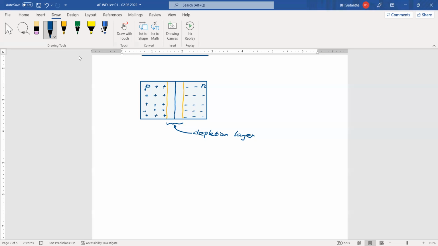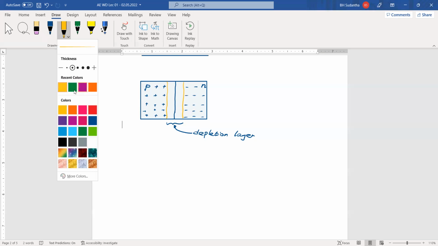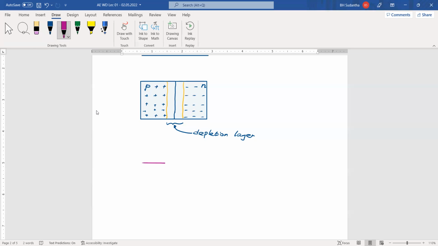That is the situation when we combine p-type and n-type semiconductor together. For this we can have a symbol like this, and this is the p side and this is the n side.